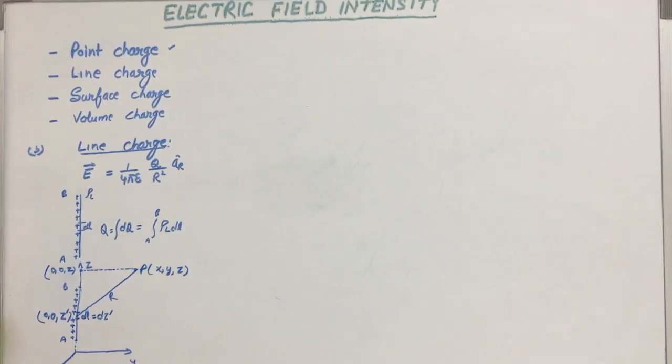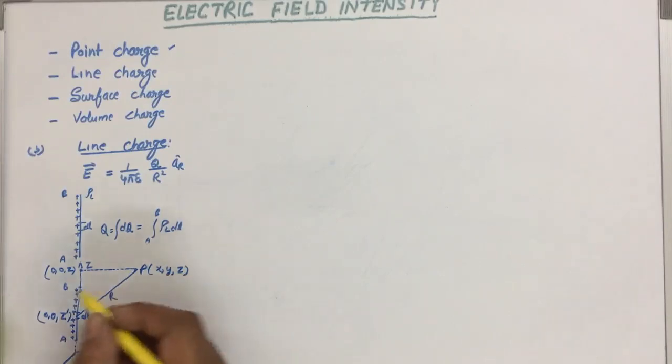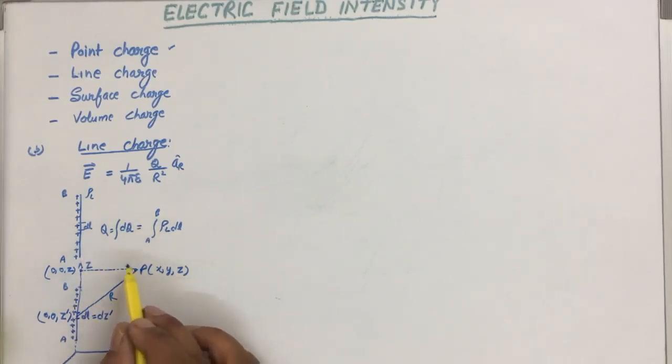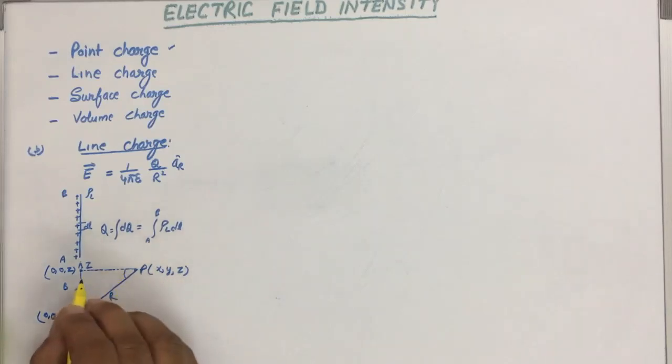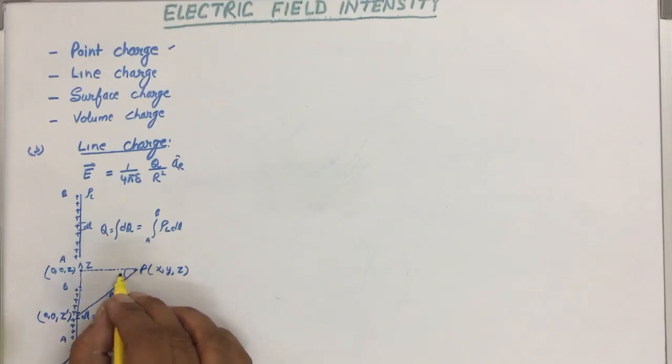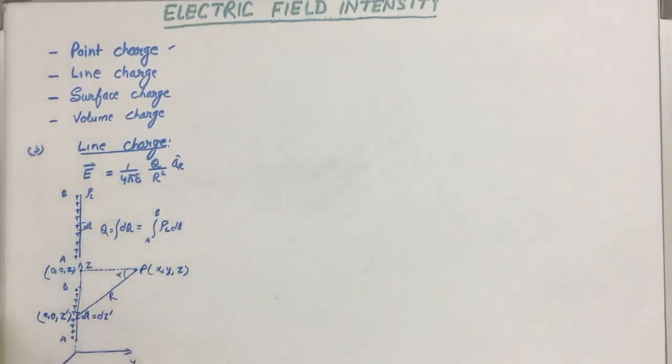This is the construction of the figure after extrapolation of AB to make our derivation simpler. Consider this angle, made from the perpendicular to the line, as alpha.